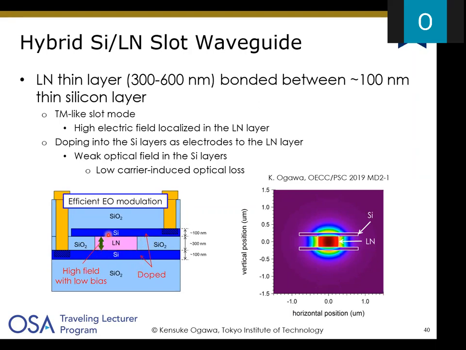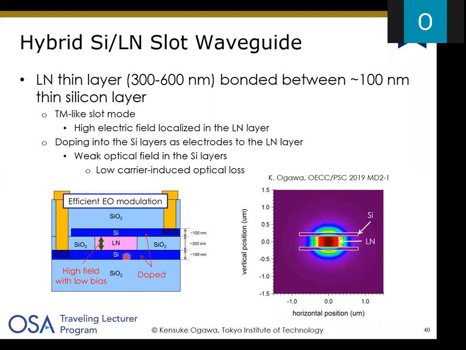And this thin rectangular lithium niobate medium is sandwiched between thin silicon layers 100 nanometers in thickness. So if you input vertically linearly polarized light into the lithium niobate materials, you have very strong light confinement in the middle of the lithium niobate layer as a slot mode.